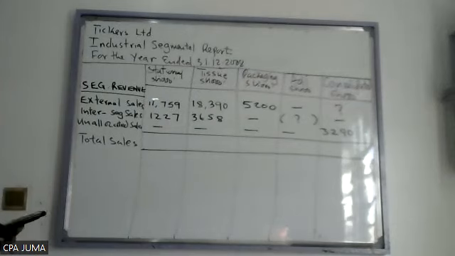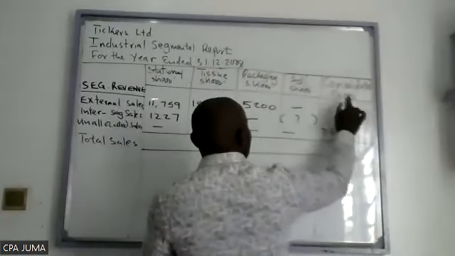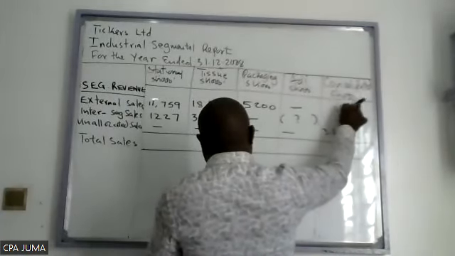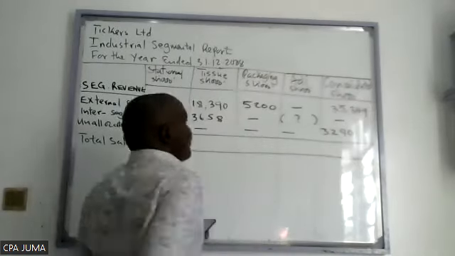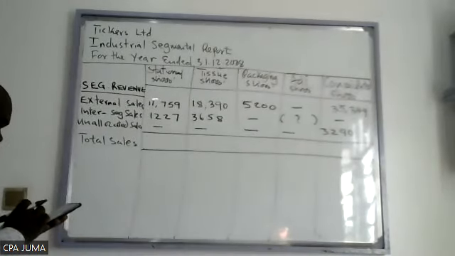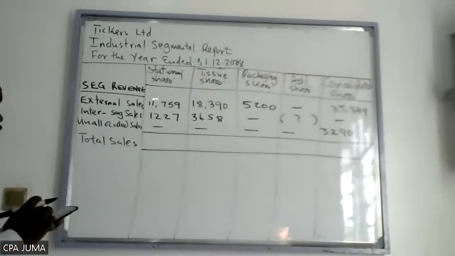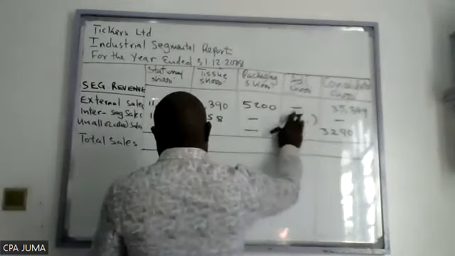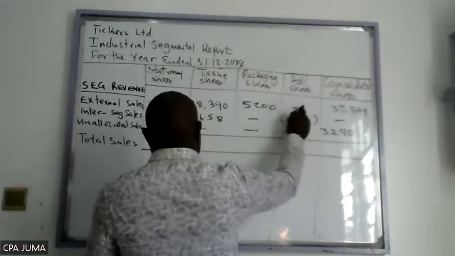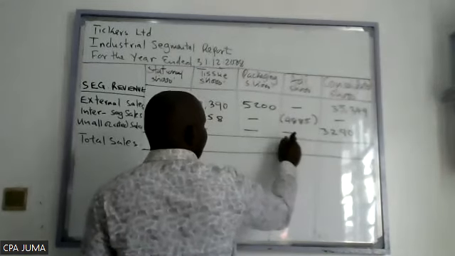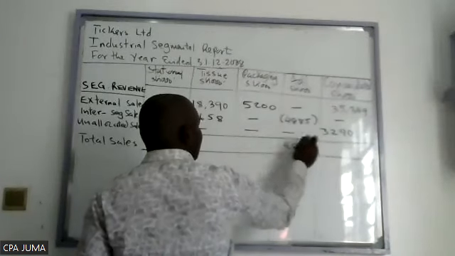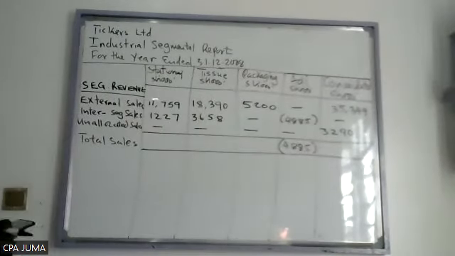So you will confirm my figures. So this is 11,759 plus 18,390 plus 5,200, 35,349. Then we are eliminating 1227 plus 3658, 4885 to be eliminated.